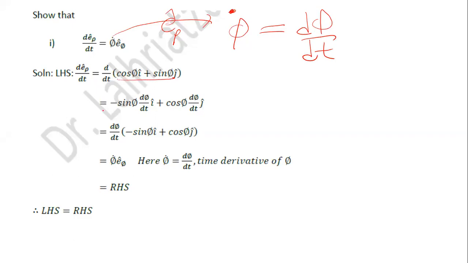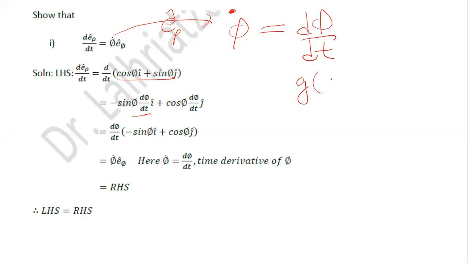Differentiation of cosine phi is minus sine phi. If phi is a variable with respect to time, then again you have to differentiate phi with respect to time, d phi upon dt. I hope you are aware of this.